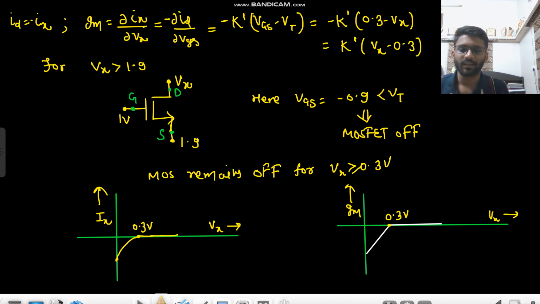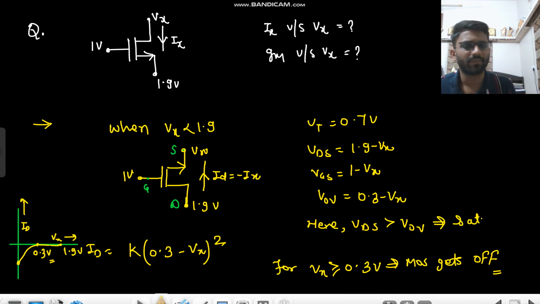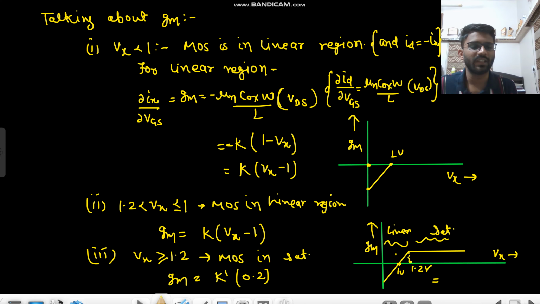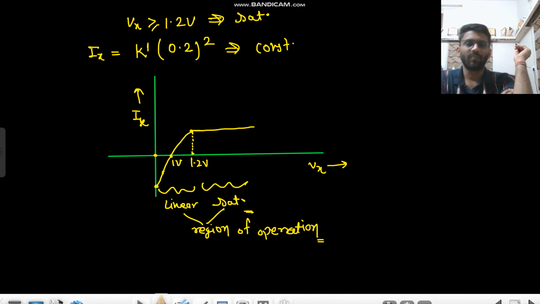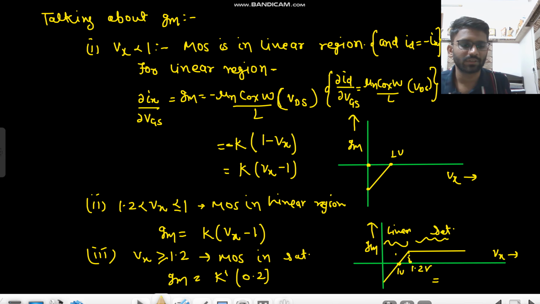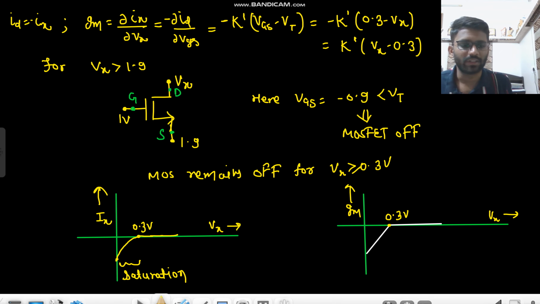In this time it was in saturation. That's the complete analysis. By the previous analysis, you could have done it on your own. We just need to see that after 0.3 it gets off. These three questions are on NMOS. Now we will see a question on PMOS, so let us see that in the next video.